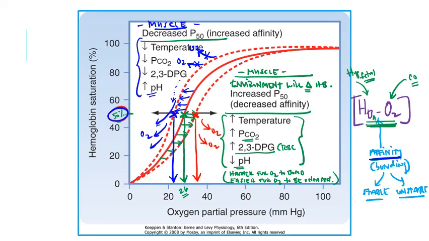A great example of this actually is this fetal hemoglobin that I spoke about a little while ago. So fetal hemoglobin is a molecularly similar version of hemoglobin found in adults called hemoglobin A. And fetal hemoglobin is characterized by having a higher affinity to oxygen, just like a left shift.